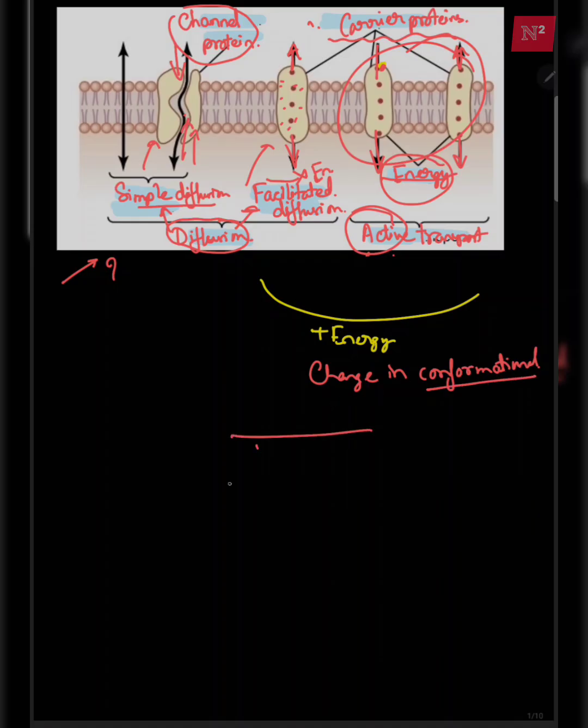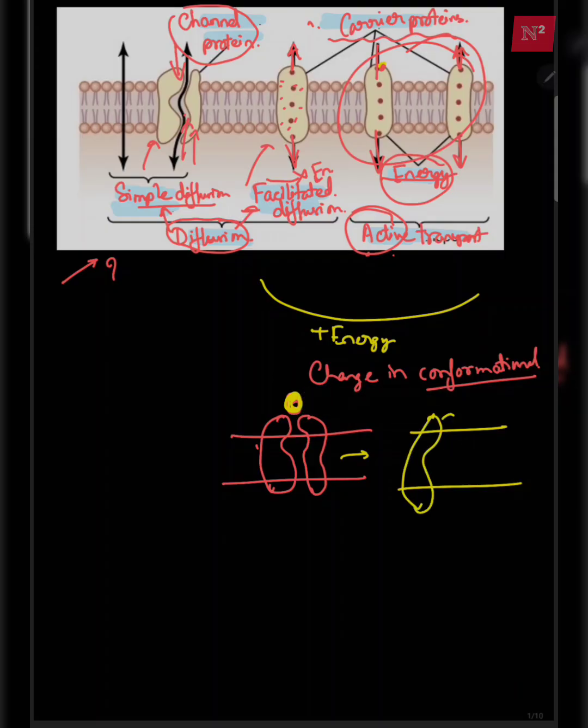So if this is a cell, when it attaches to a molecule which needs to be transported, it changes its conformation to something which leads to release of the molecules to the outside. So like this it changes the conformation. So: interaction, energy, and change in conformation.